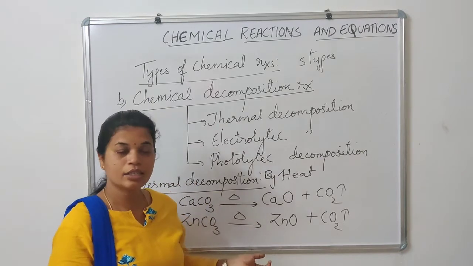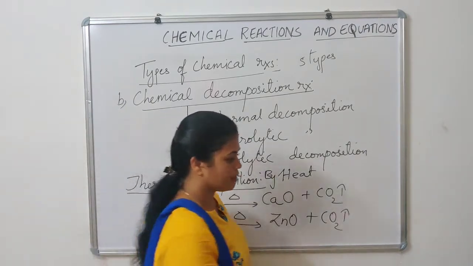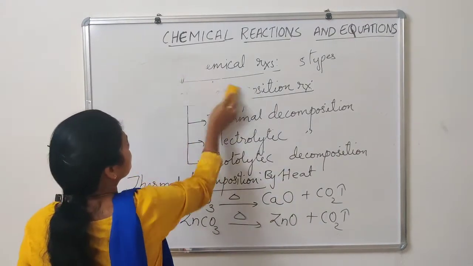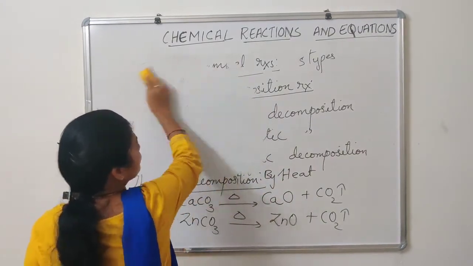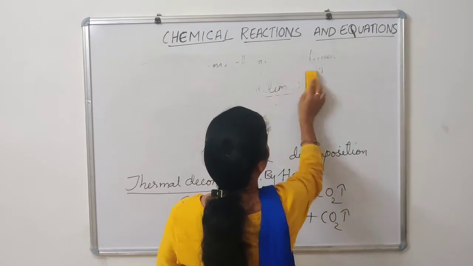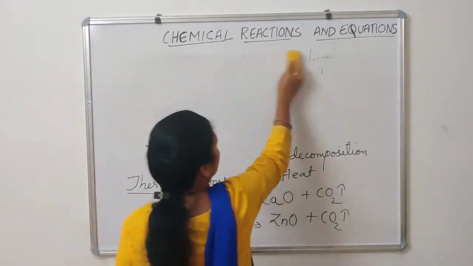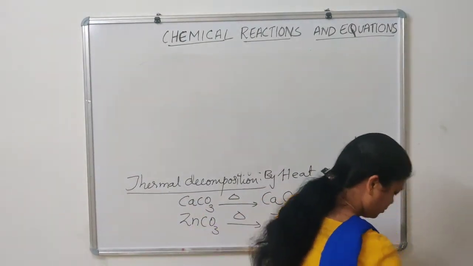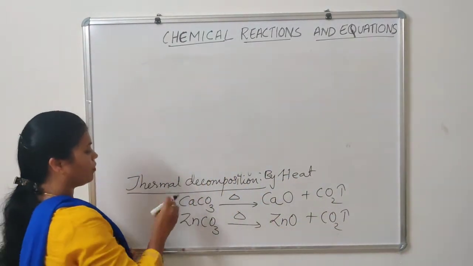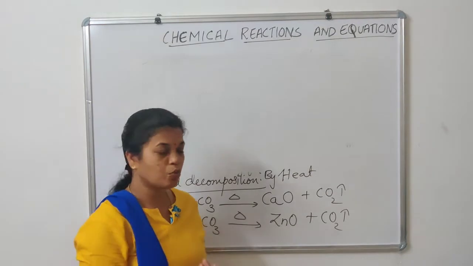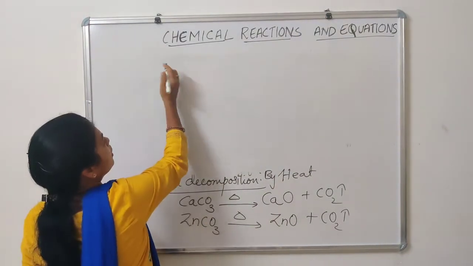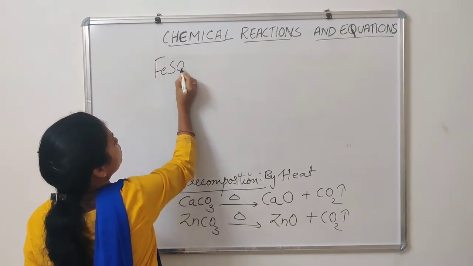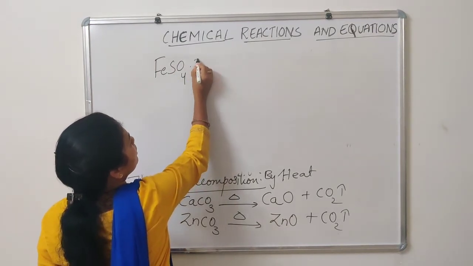Now let us consider some more examples. For example, iron sulfate, FeSO4.7H2O.